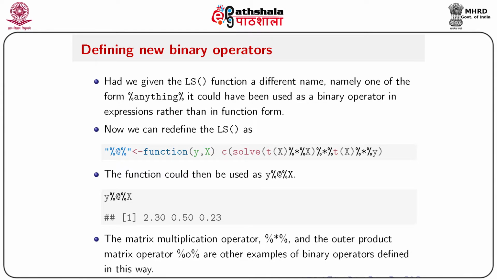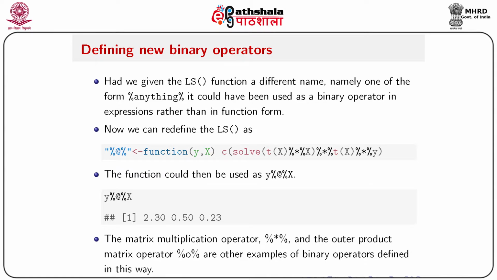Now we can define the ls, that least square function, by a binary operator, say percent symbol @ percent symbol. So we can insert @ within the percent symbols and create a new binary operator. So instead of calling that ls function, this binary operator might help you to calculate the way you calculate the matrix multiplication.